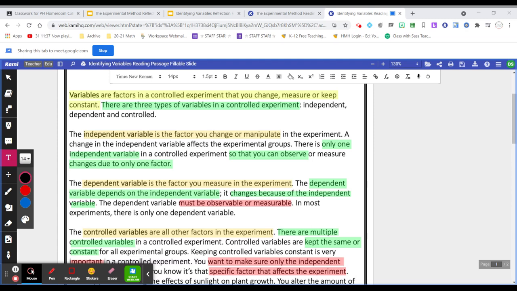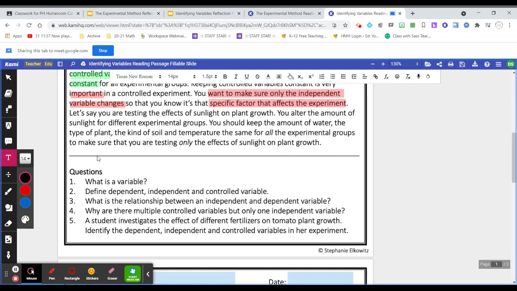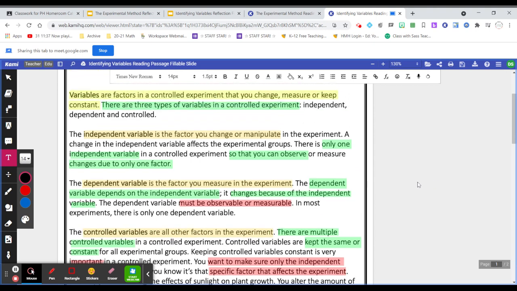We're answering question 2, and I'm not giving you the answer for this. I want you guys to use what I highlighted to help you answer the question. So for question 2, we are defining dependent, independent, and controlled variables.